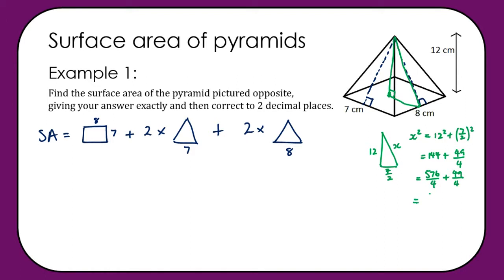So that is 625 on 4, which means x is the square root of that, and both of those are square numbers. 625 is 25 squared over 4, which is 2 squared. So square root of 625 on 4 will be 25 on 2. So that's going to be the height of the triangle with a base of 8. So that is 25 on 2.